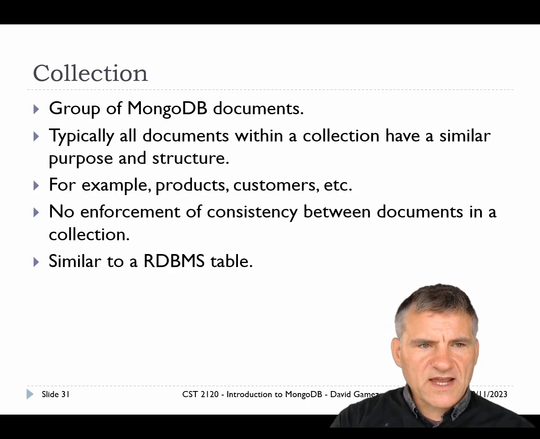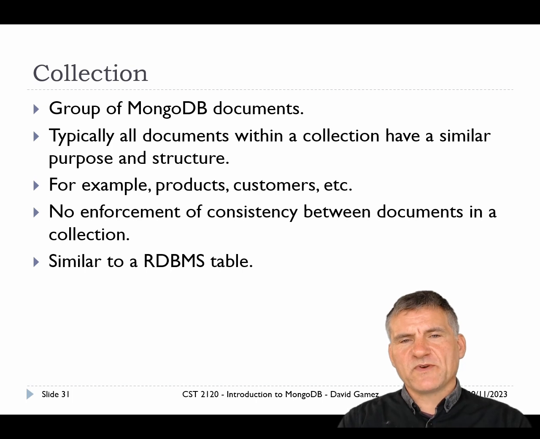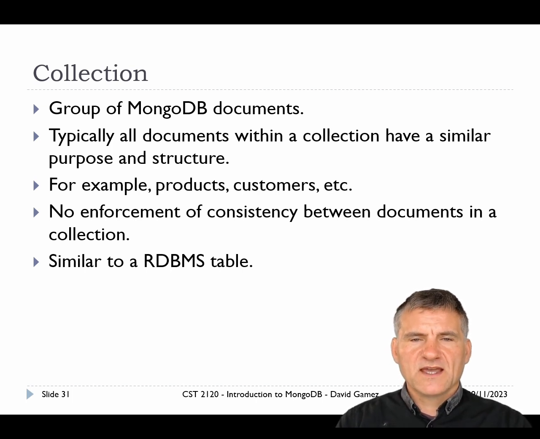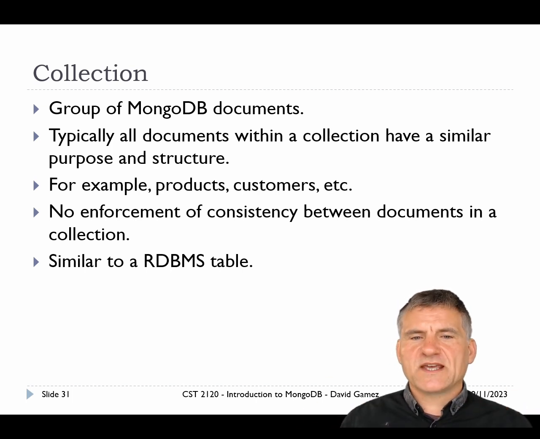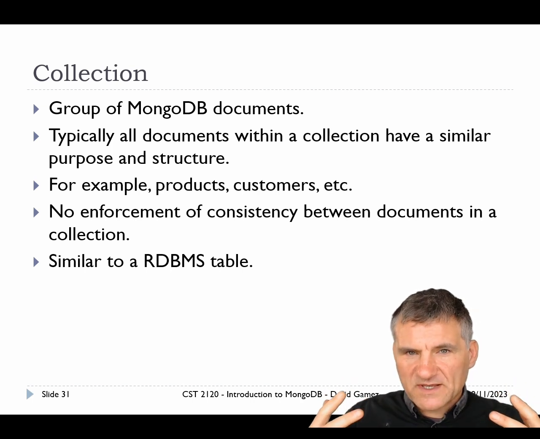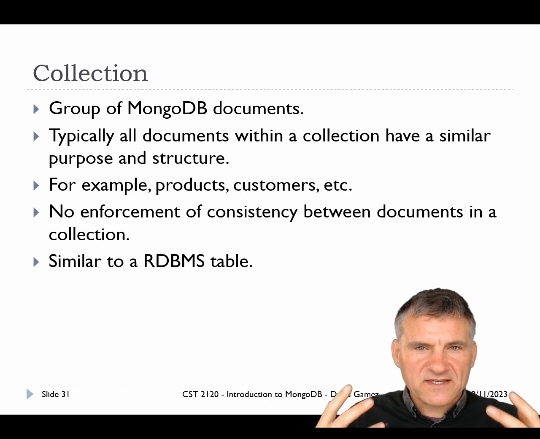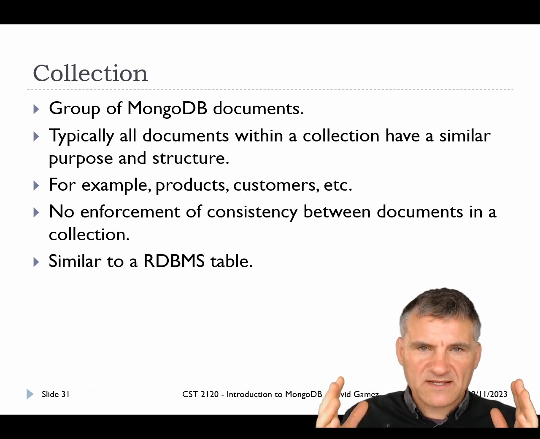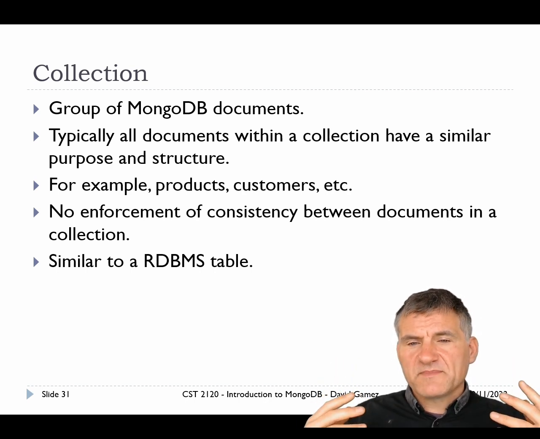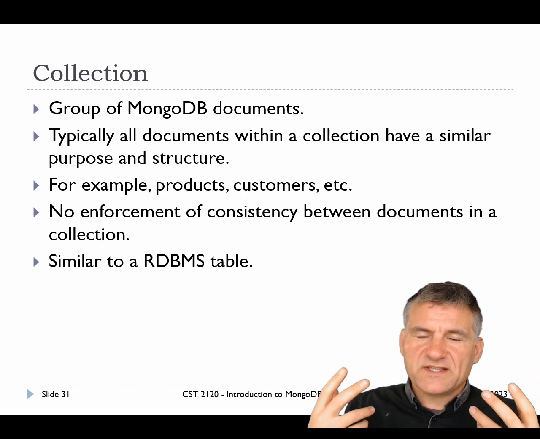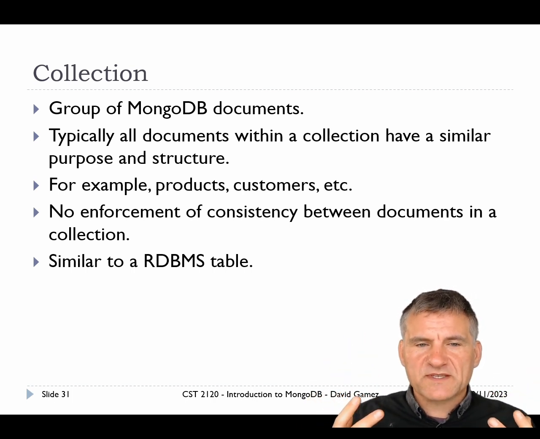A collection is a group of MongoDB documents, and collections allow you to group together documents that have a similar purpose and structure. Like I said, the structure of these documents is not made consistent by Mongo in the way that a table is in a relational database, but that doesn't mean you shouldn't try to ensure some consistency within a collection.